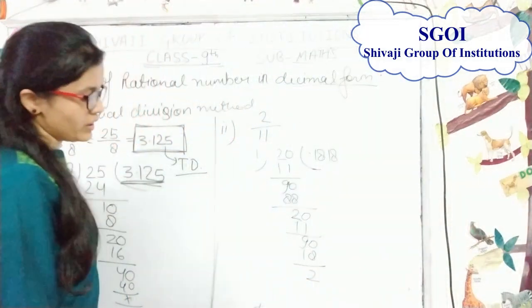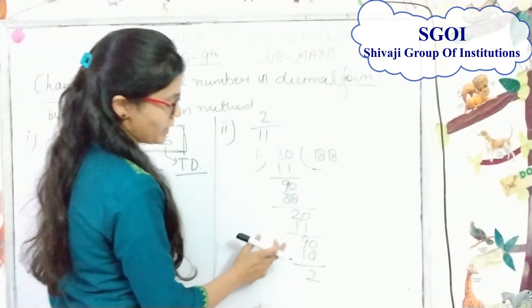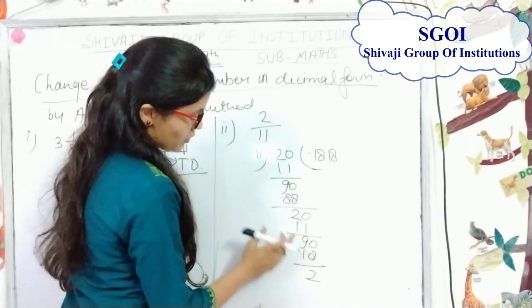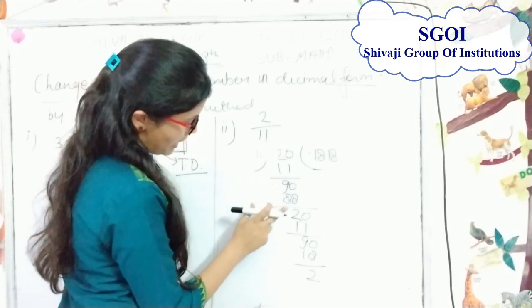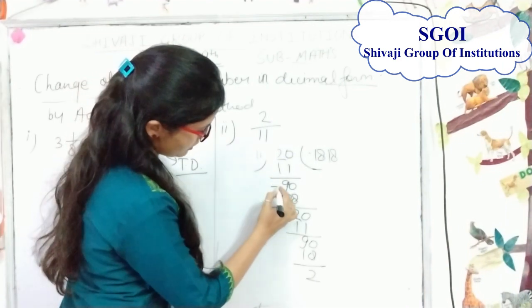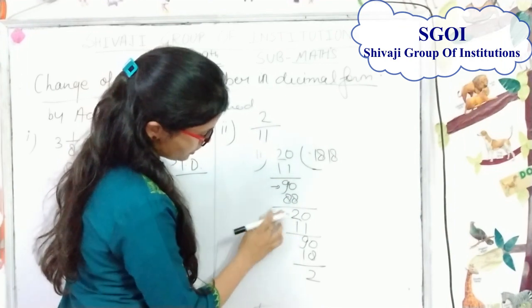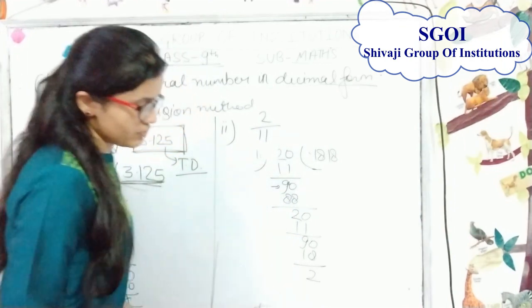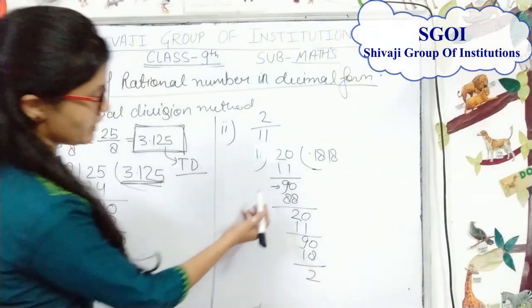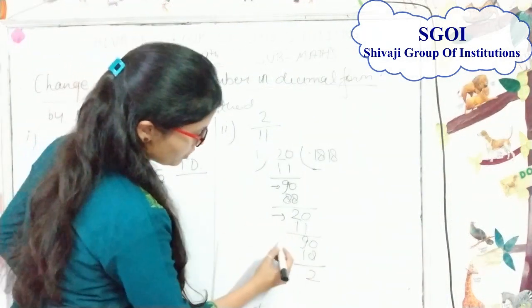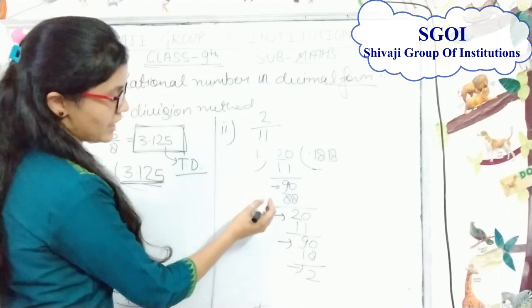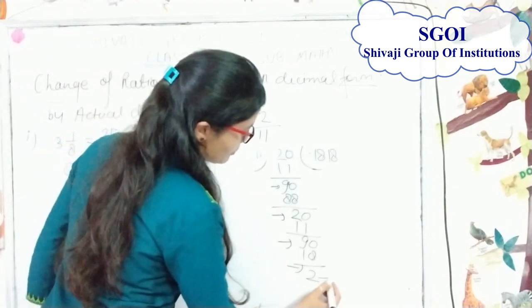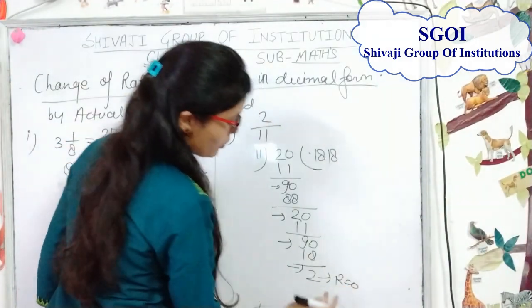In this question we see that the string of remainders repeats: 2, 9, 2, 9. This means in this case we will never get remainder 0.